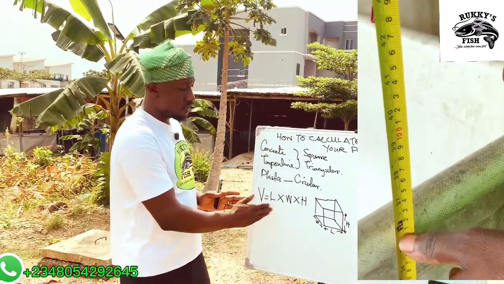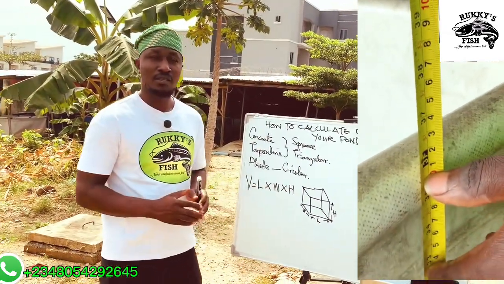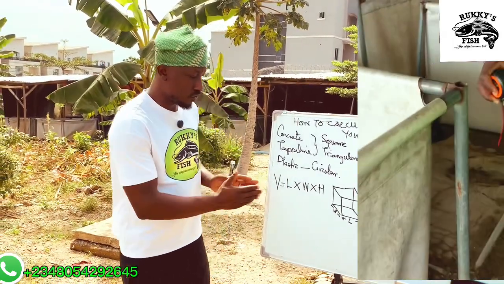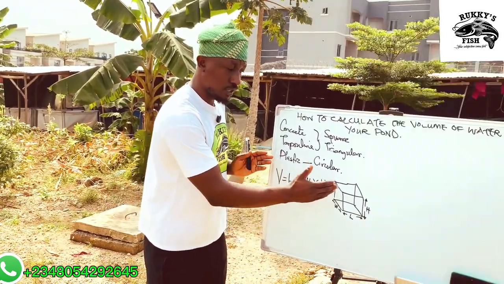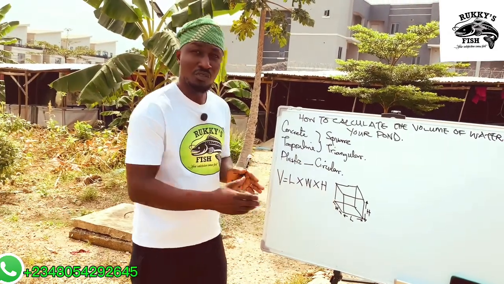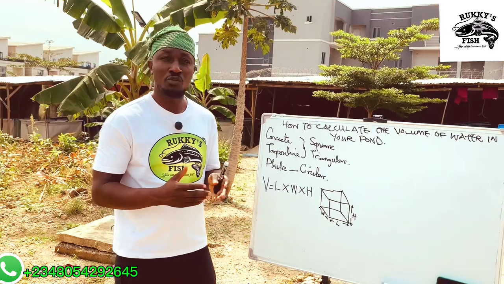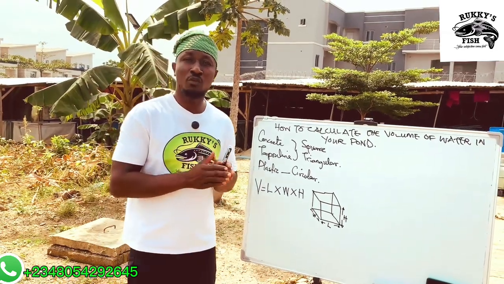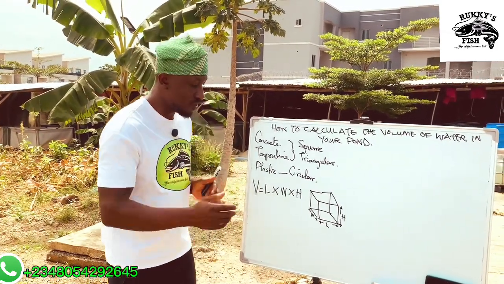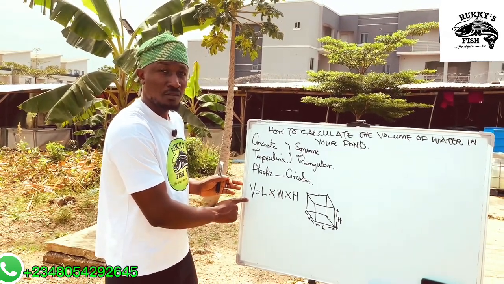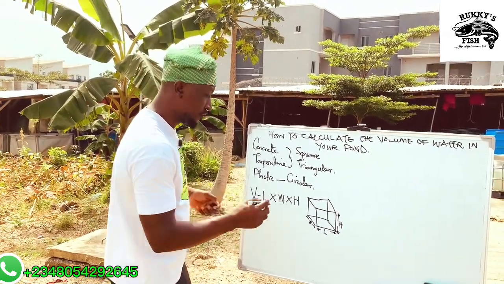Now, having distinguished all of these parts, let's also understand that when it comes to the construction of tarpaulin or concrete ponds, we make use of feet. Most of the time we measure using feet. Now this feet must be converted to centimeters. Why? Because we are looking out for the volume, right? So let's go this way.